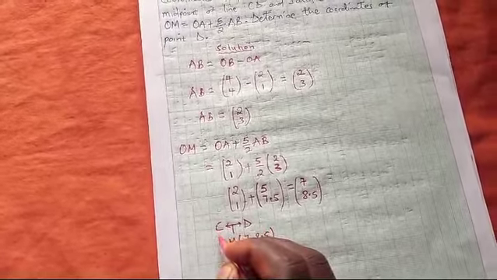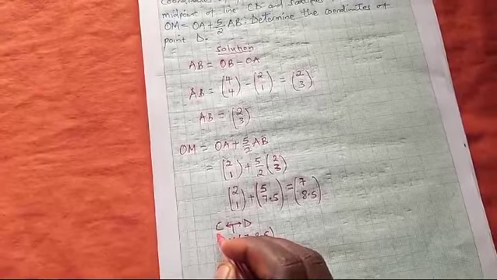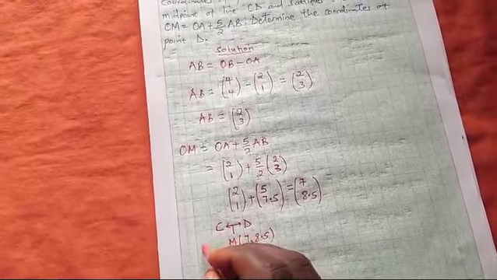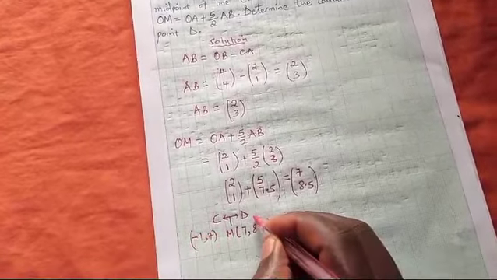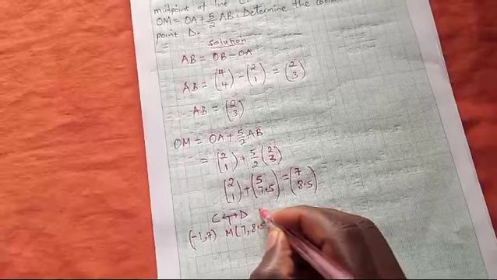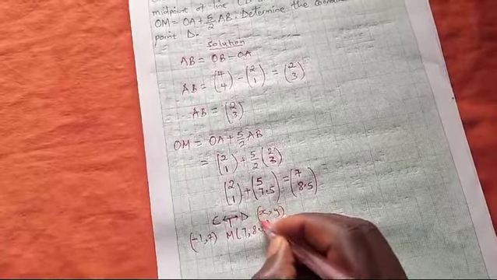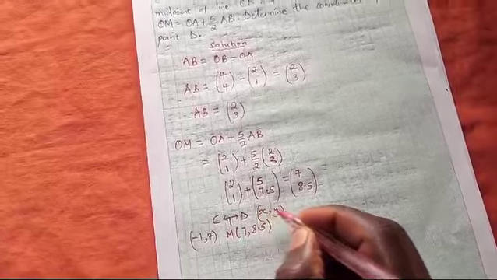The coordinate for C is (-1, 7), and the coordinate for D is (x, y). So we want to find this x and y.